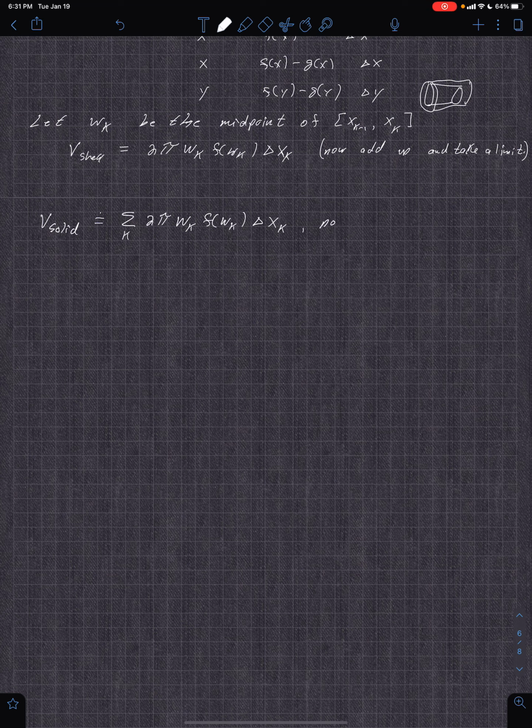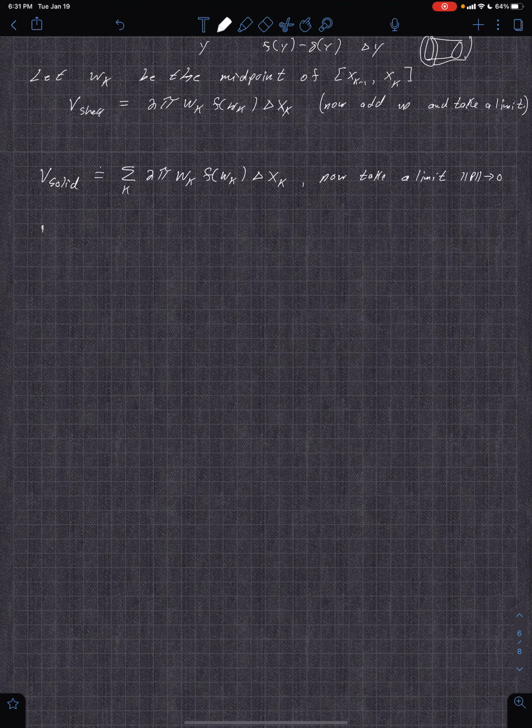All right, so now take a limit as the norm of the partition approaches 0. And you get the volume is equal to the limit as the norm of the partition approaches 0 of the sum over all the k's of 2 pi W sub k, f of W sub k, delta x sub k.